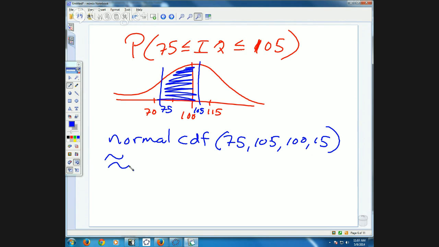All right, so remember, TI: left, right, mean, standard deviation.